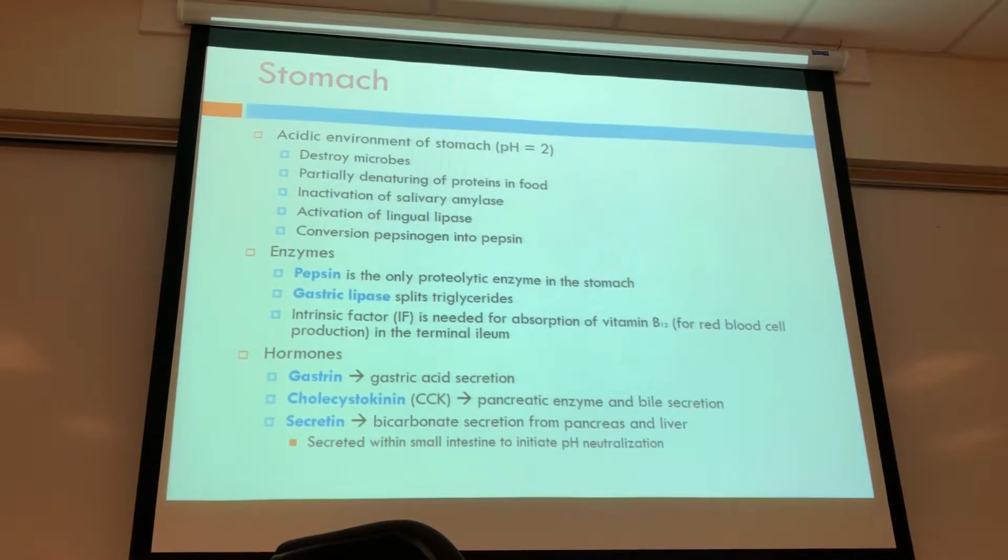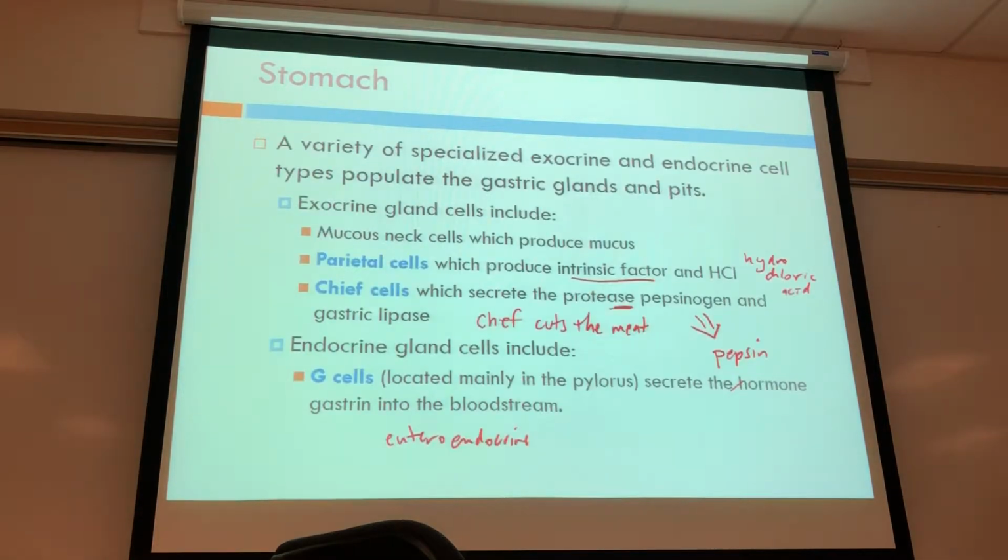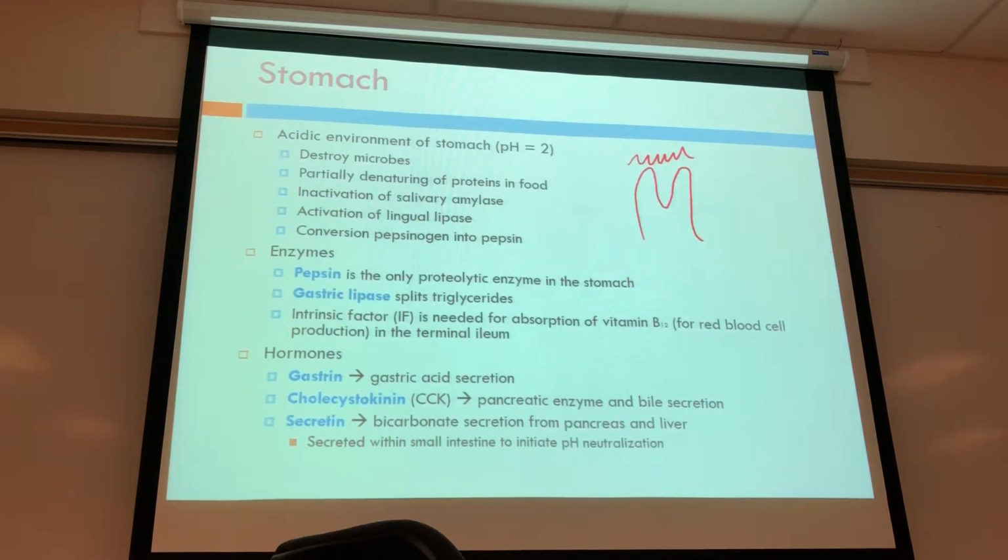So as I mentioned earlier, we have our gastric pits. We've got our mucus layer. We have pepsinogen that's produced by our chief cells. So here's our chief cell, and that's producing our pepsinogen.